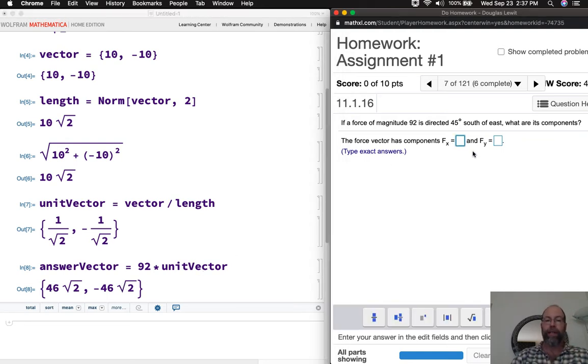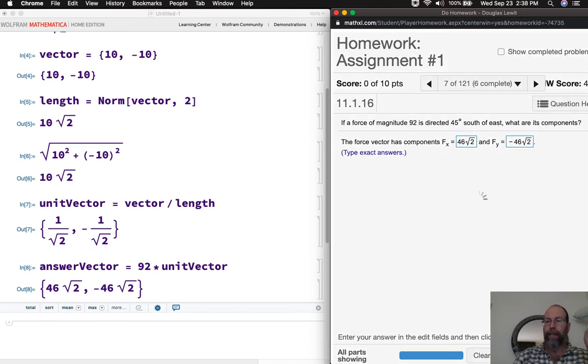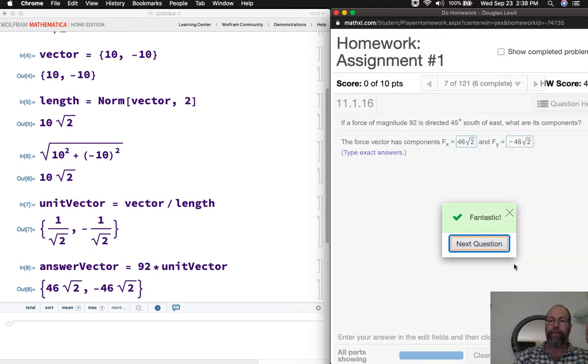So that's <46 square root of 2, negative 46 square root of 2>, and let's check the answer, and that looks great.